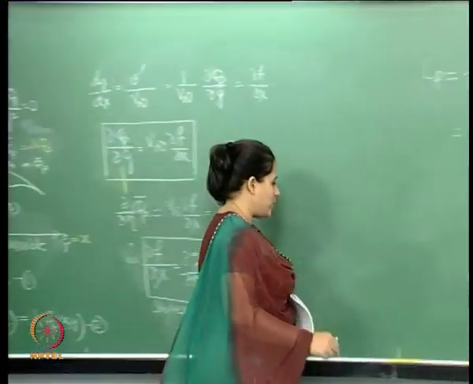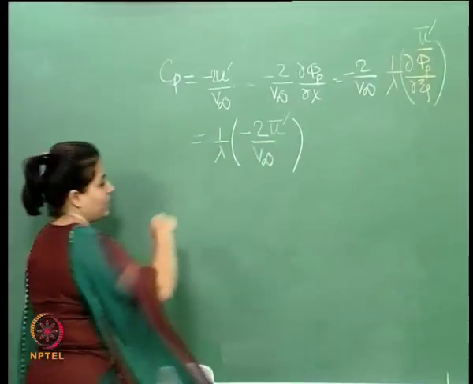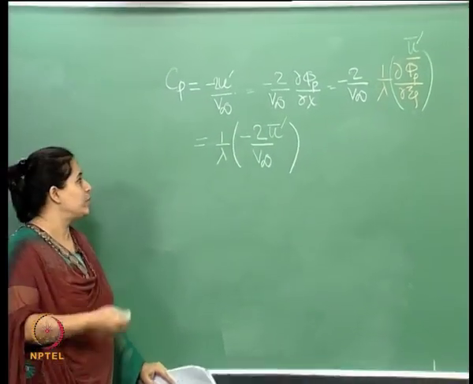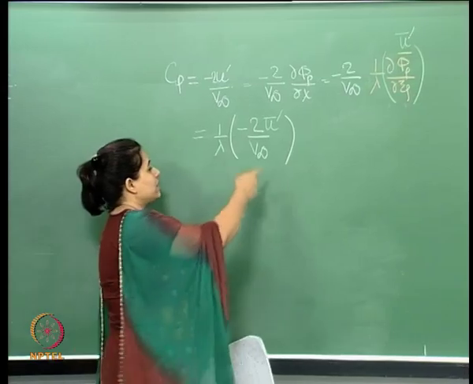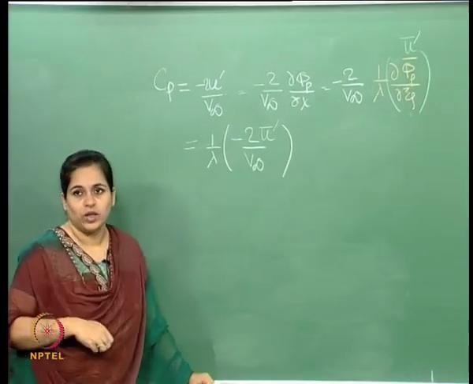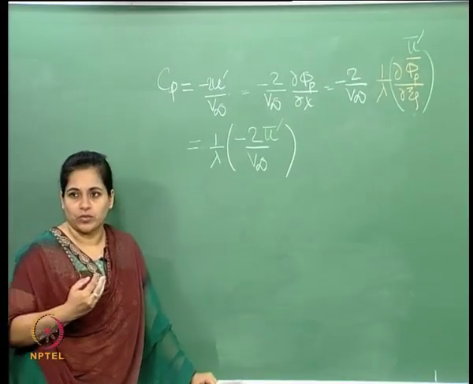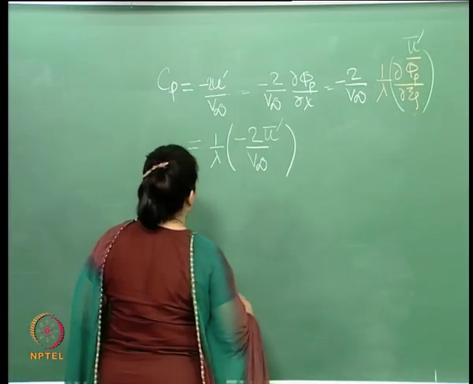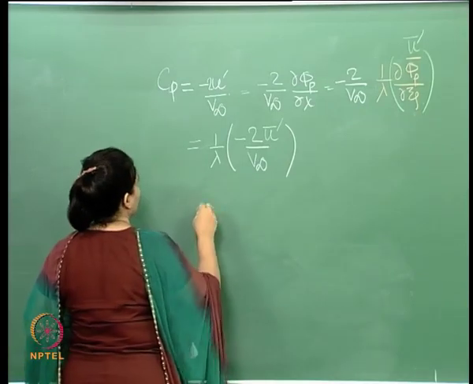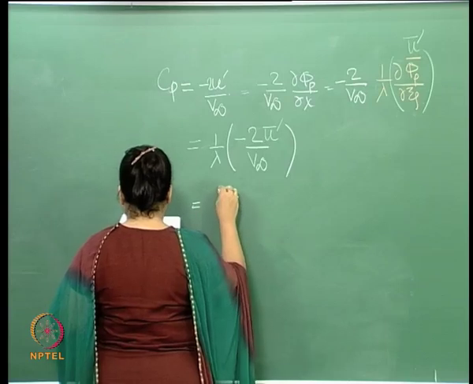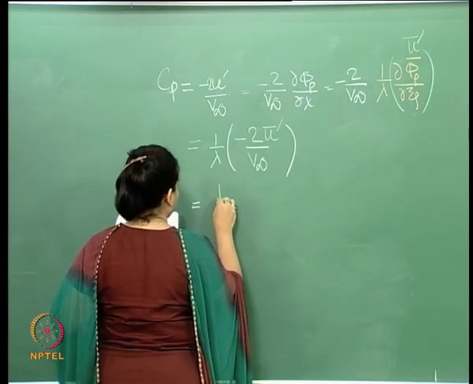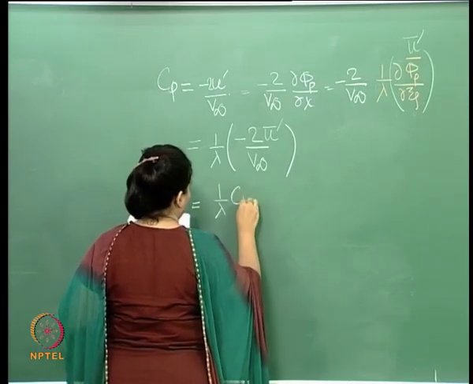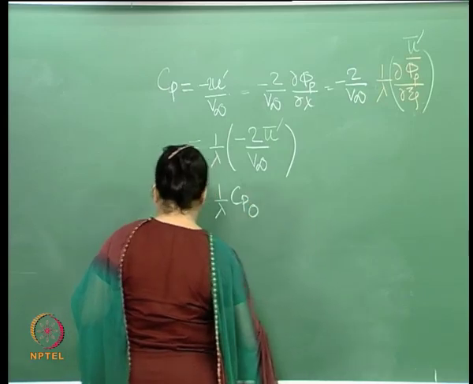So, now that we have been able to establish that this zeta eta coordinate system is basically an incompressible flow, I will write this in a special notation. Okay.